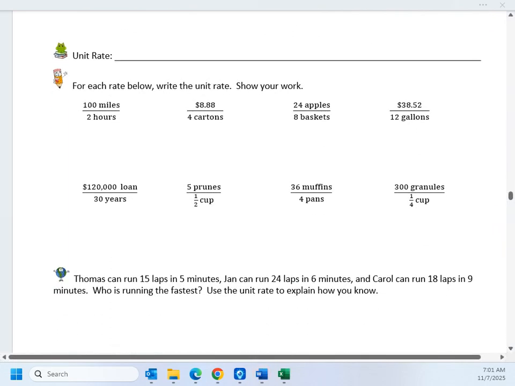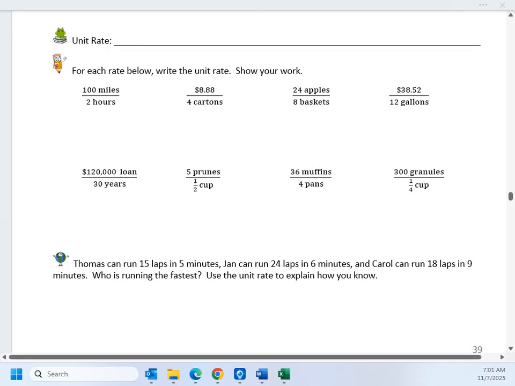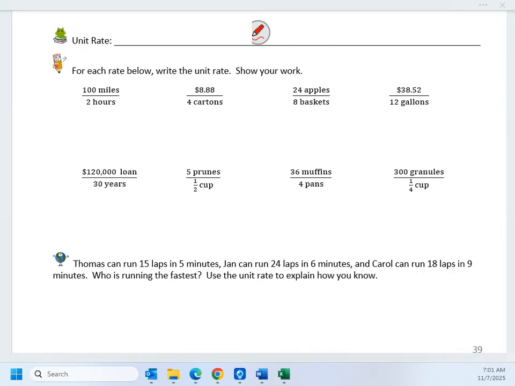The second part of this objective is now talking about the unit rate. So instead of just a rate in general, the unit rate gets a little more specific.